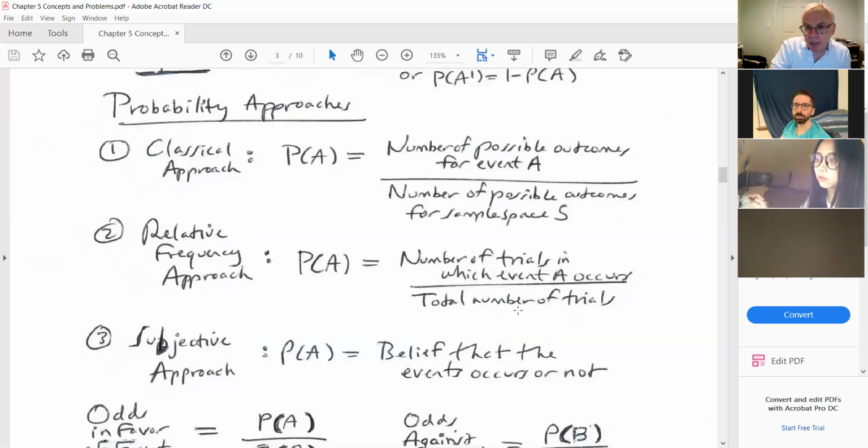Now, of course, you can use the classical approach for that and come up with an answer. But if you actually run the experiment, it's the relative frequency approach. This is often used when you cannot use the classical approach. Surveys. If you ask a question on the survey, right?